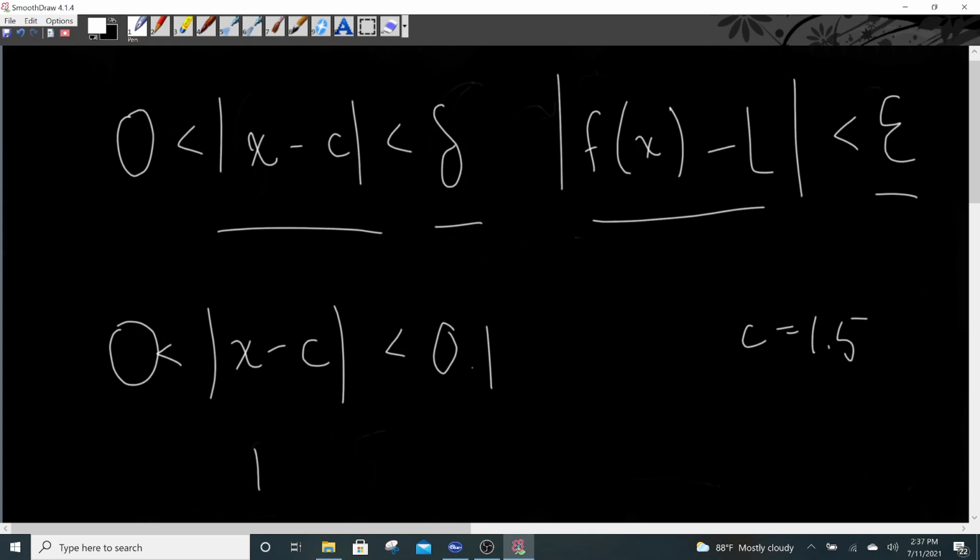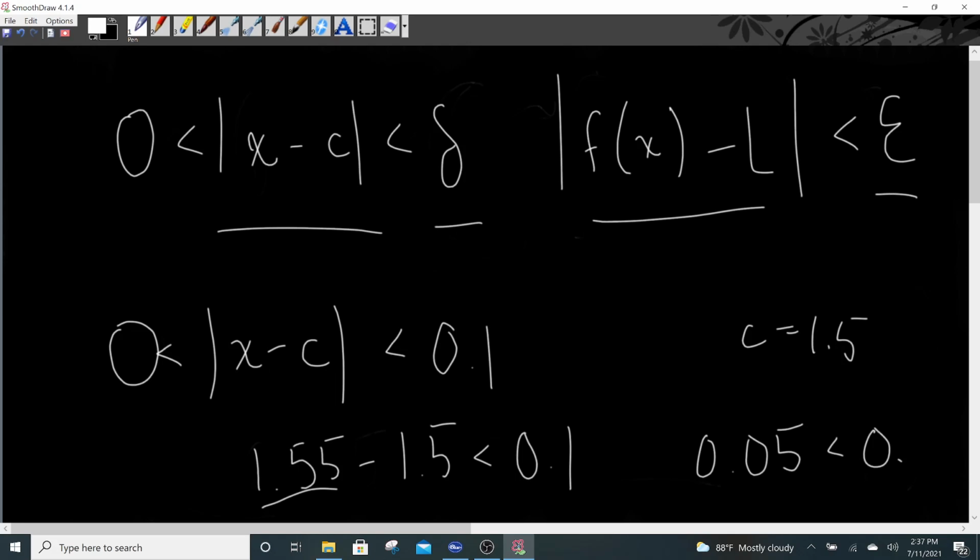So let's say 1.55, that's our arbitrary x value, minus 1.5 is less than 0.1. And that's true. You would have 0.05 or 1/20th is less than 0.1 or 1/10. And that's a true relationship.